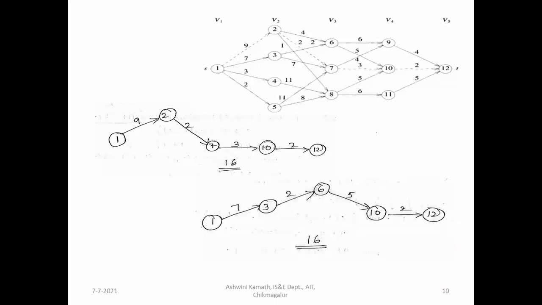Okay, another solution is 1 to 3, 7, 3 to 6, 2, that is 7 plus 2, 9, 6 to 10, which is equal to 5, 9 plus 5, which is equal to 14, then 10 to 12, which is equal to 2, 14 plus 2, which is equal to 16. So we have two shortest paths with the same cost, that is minimum cost, which is equal to 16, and that is the solution. Okay, but the set of nodes is different for both solutions.